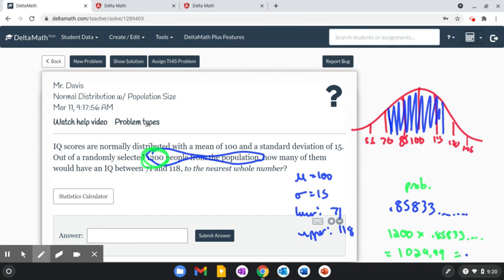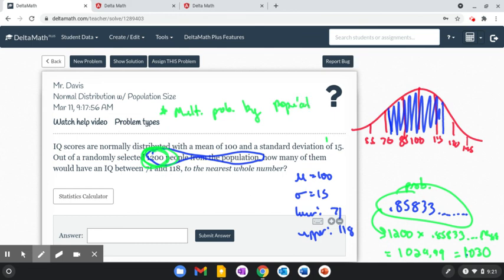So this would be 1030, so 1,030 people we would expect. 1,030 out of 1,200 would be expected to have an IQ between 71 and 118. So again, the only thing that we're adding is that we're taking that probability and multiplying it by the population or sample size. It's the only thing that's changed in this section.